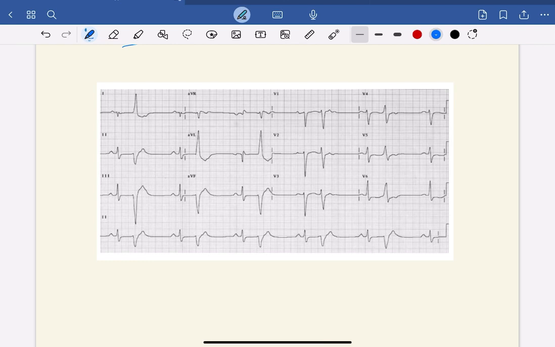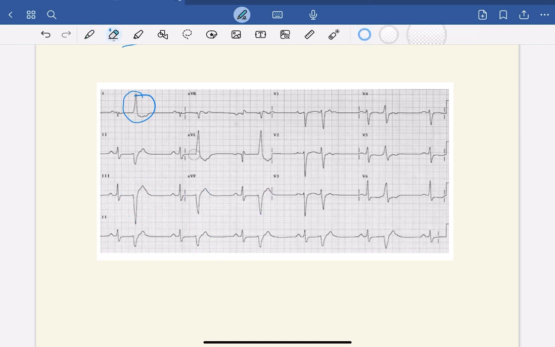And today we are having this ECG which shows very striking bizarre shaped broad QRS complexes which are not preceded by P waves. So these are called PVCs, that is premature ventricular complexes.